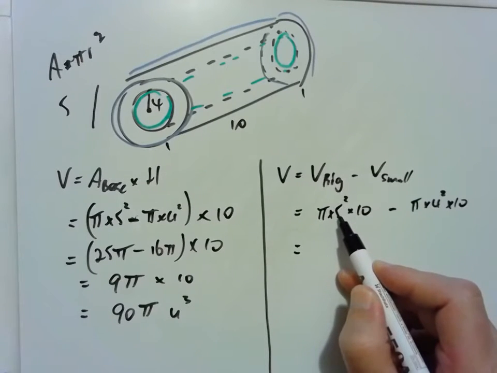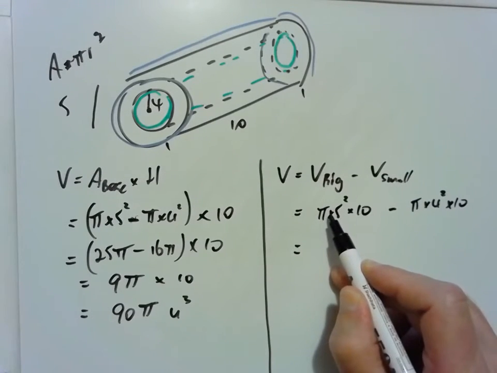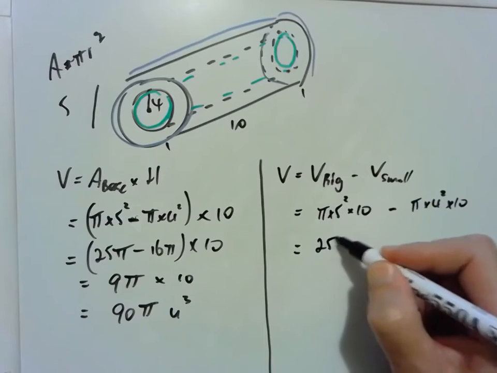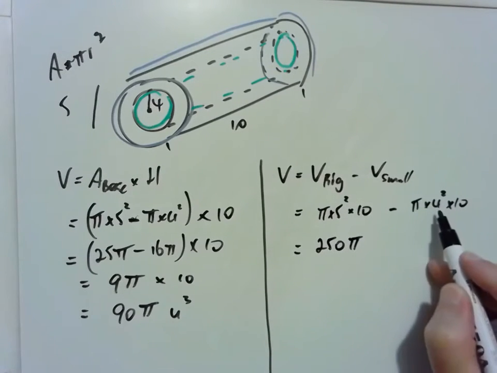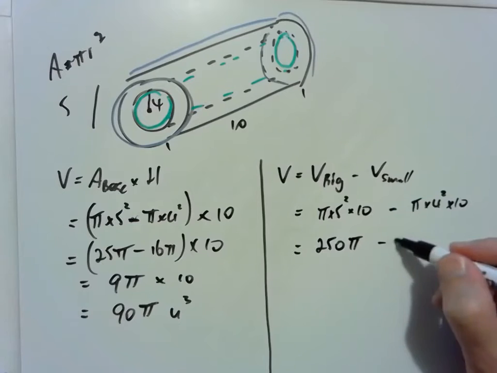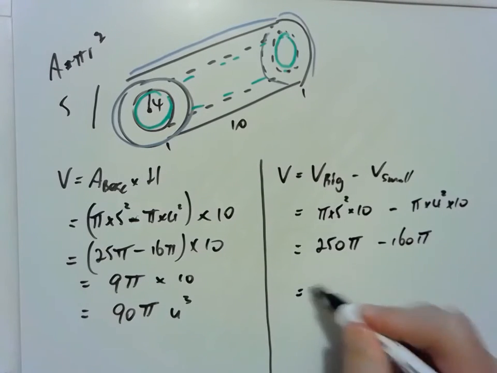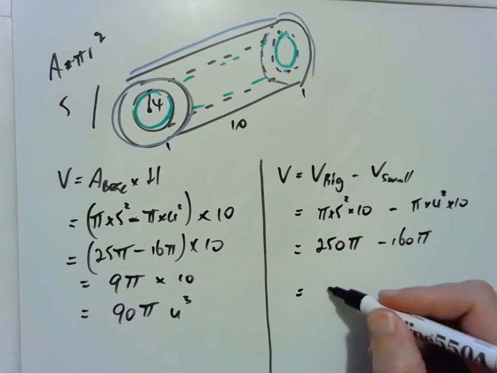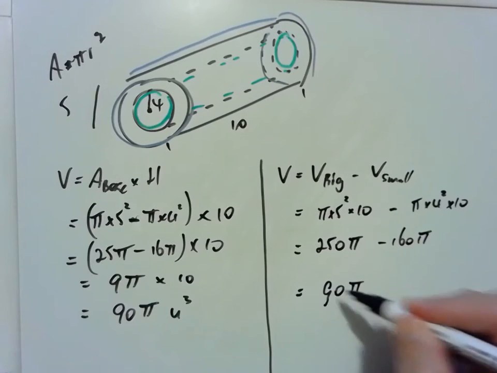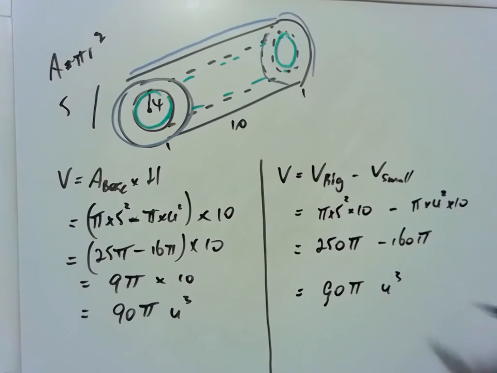So 5 5s are 25, so it's 25 pi times 10 is 250 pi. 4 4s is 16, so 160 pi. And 250 pi minus 160 pi is 90 pi, and it's units cubed. So that's some ways of thinking about finding the volume where the volume is quite a complex situation.